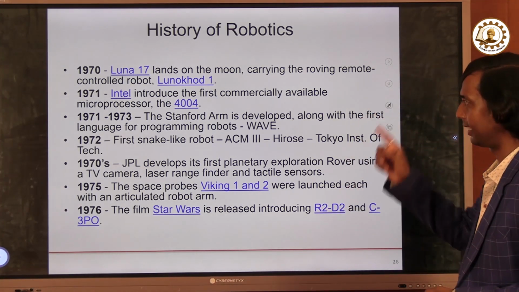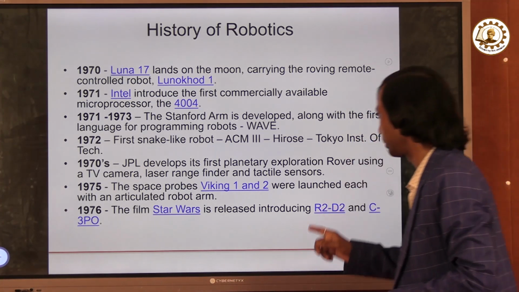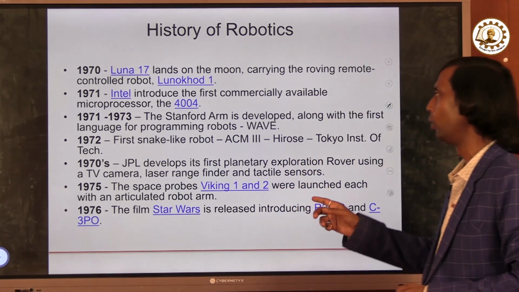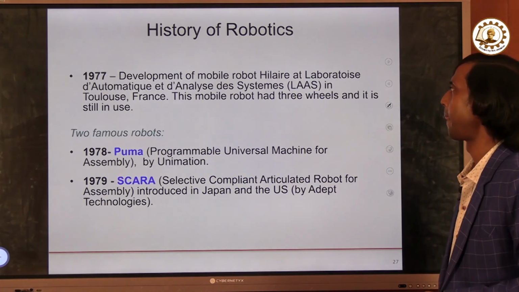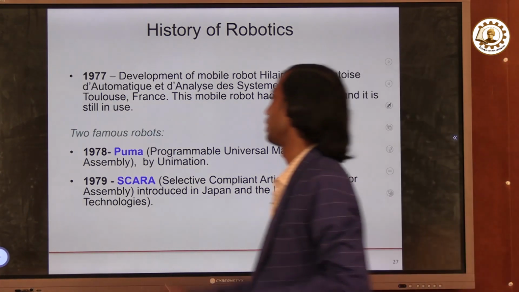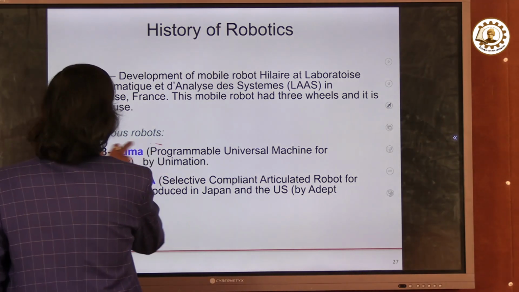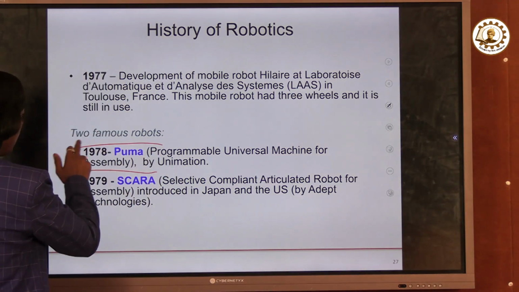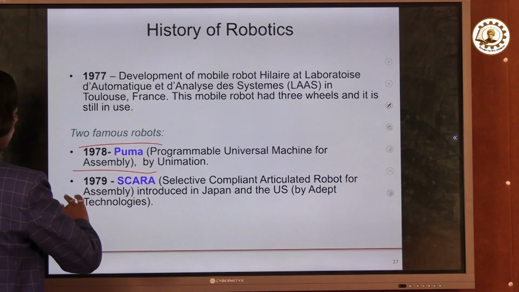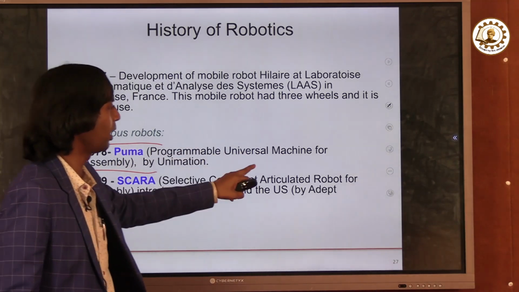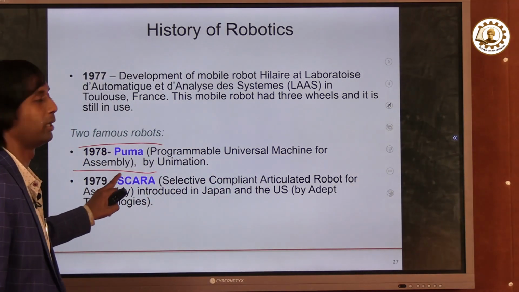Okay, in 1970, 1971 to 1973, then comes Puma and SCARA robot. Puma and SCARA robot. Programmable universal machine for assembly.